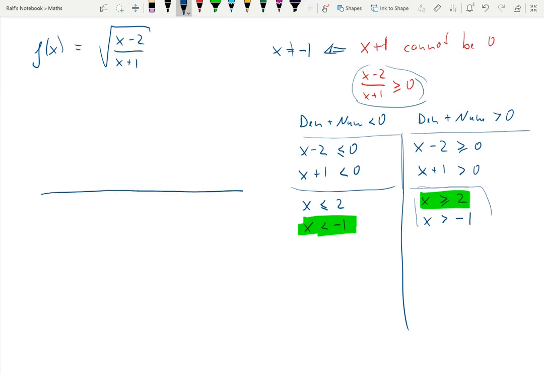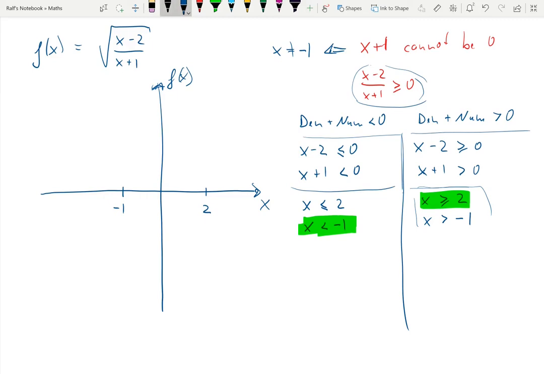Let us draw a coordinate system. And now we're looking at f of x here. So we know that our x has to be smaller than -1 or larger or equal to 2.